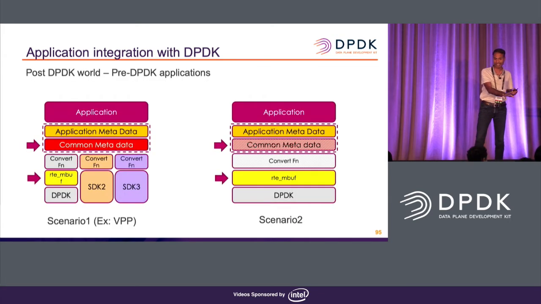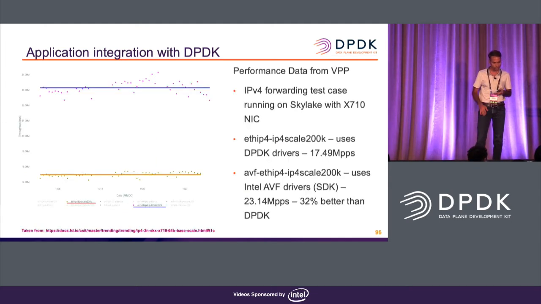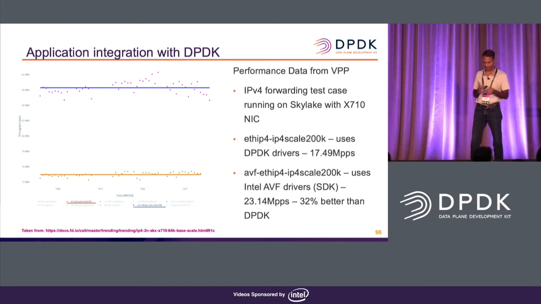And by the way, I feel this scenario gives us the best way to look at how DPDK stacks up against other SDKs in this particular use case. All right. So, going to the VPP performance data. VPP integrates DPDK, as well as Intel AVF drivers, which I call an SDK in this case. Here is a test case which runs IPv4 forwarding on a Skylake machine with X710 NIC cards.